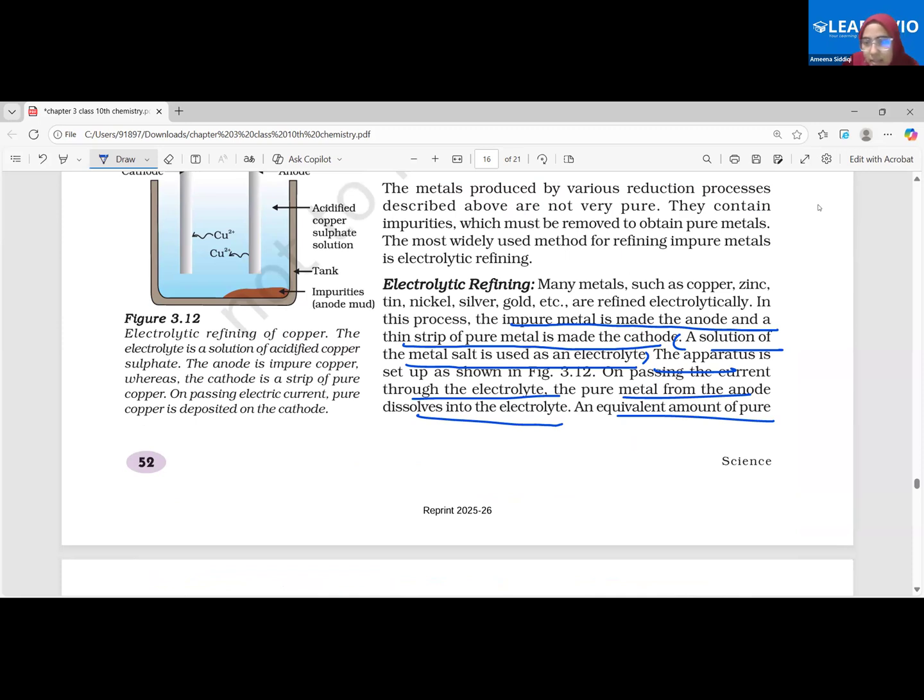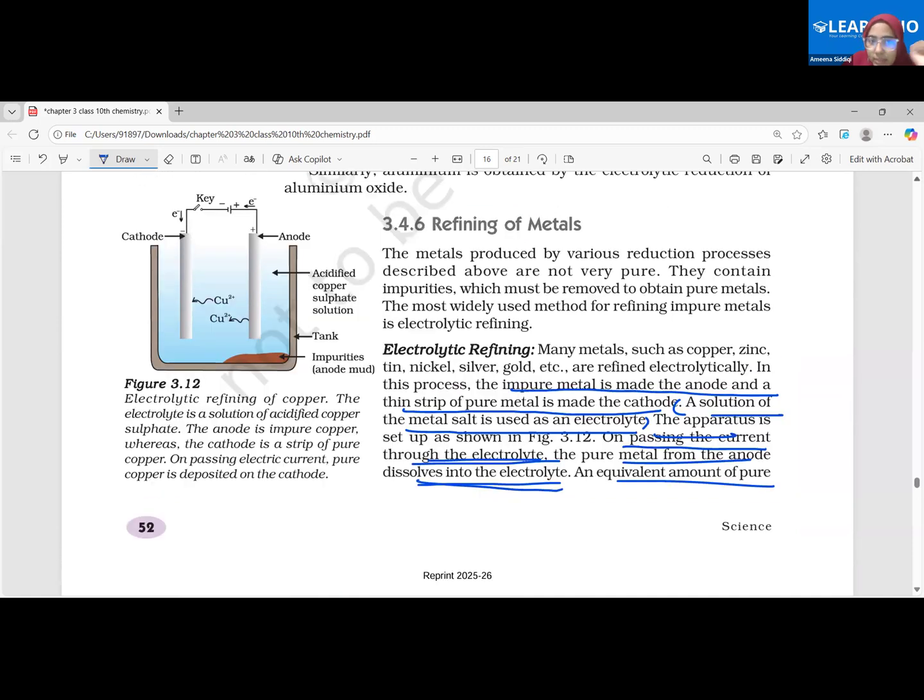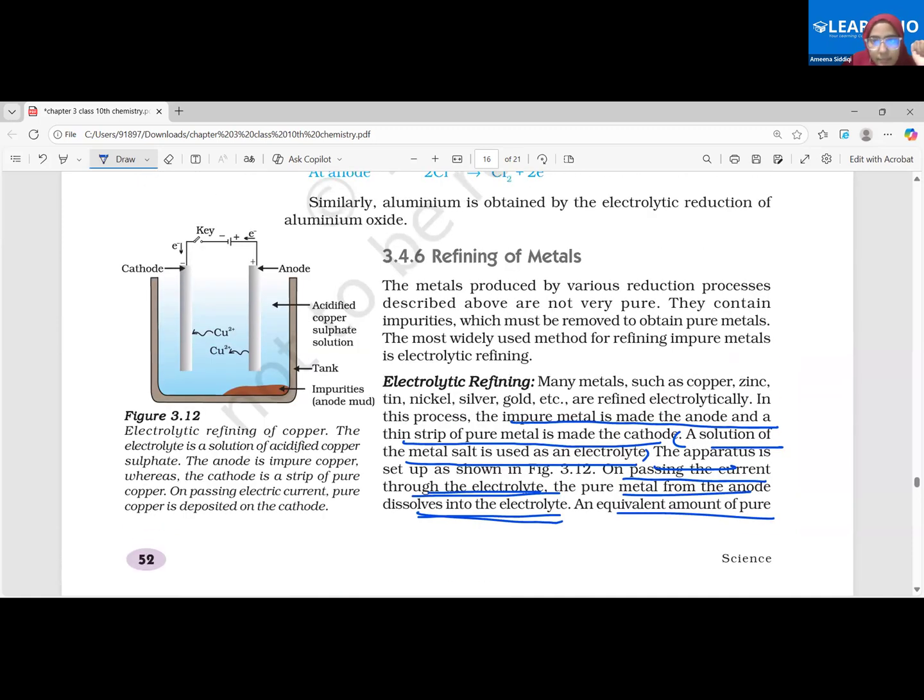See what is happening here. On passing the current through the electrolyte, the metal from the anode dissolves into the electrolyte. On the anode, what do we have? The impure metal or the pure metal? On the anode, we have the impure copper. So as soon as the current is passed, the copper from the impure copper will be dissolved in what?